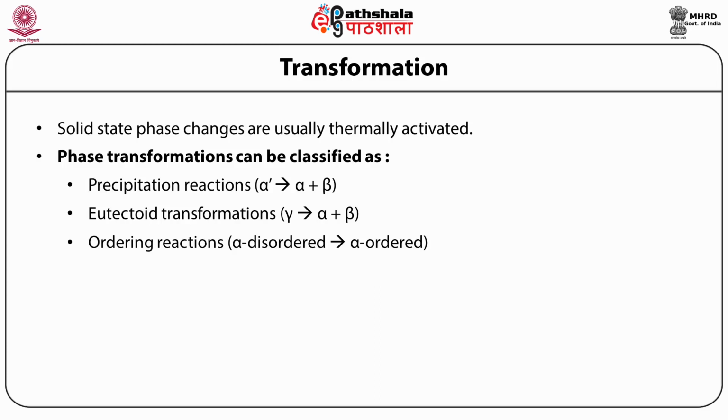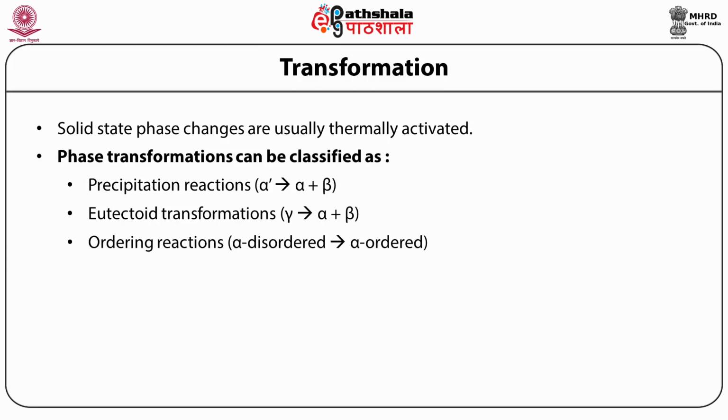In the disordered state, there is usually mixing of position between two or more different types of atoms. In the ordered state, a particular element takes a particular position within the lattice.